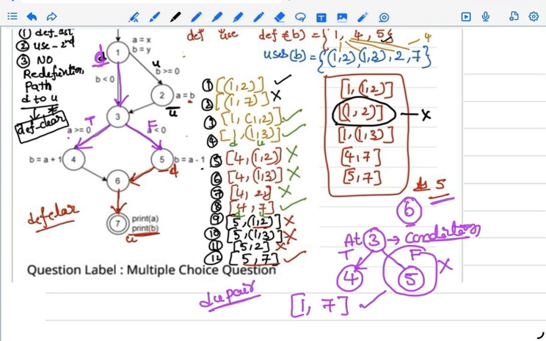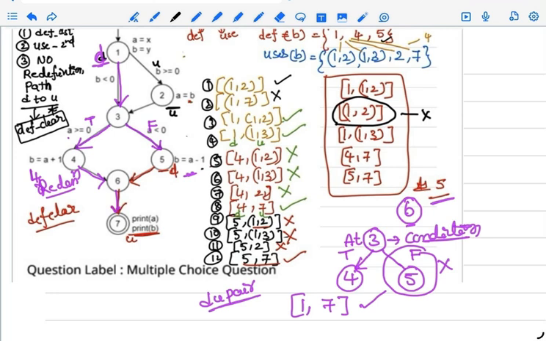If the condition is true, it will go to this path, and it won't go to the other path at this time. So at node 4 there is a redefinition of the variable b. At node 5, no redefinition.